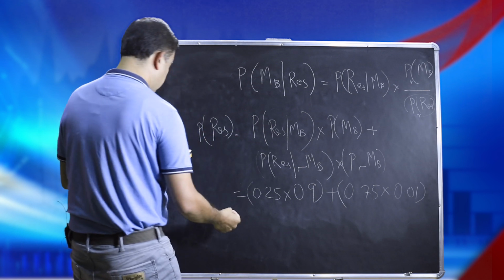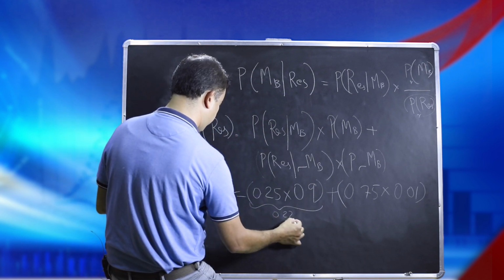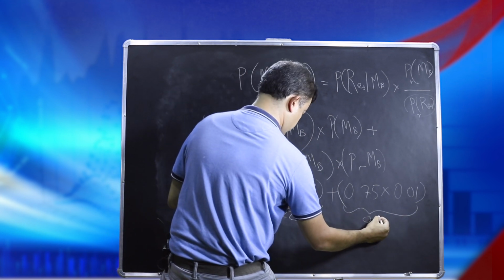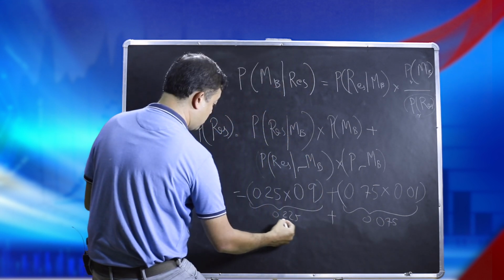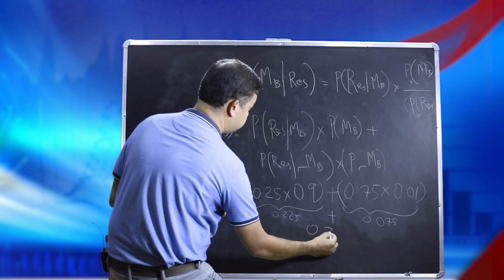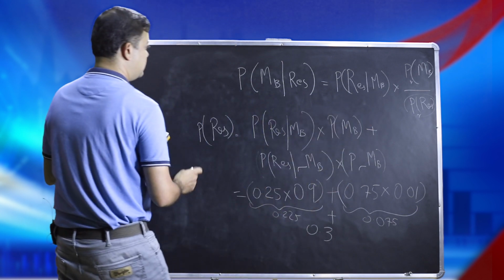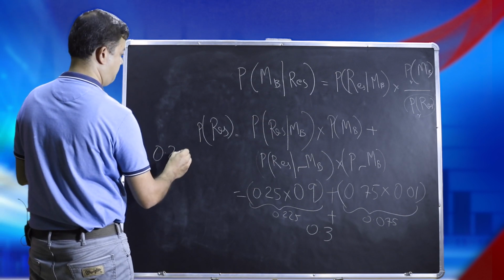If you solve it, this value is 0.225, and this value is 0.075. If you add these two values, you are going to get 0.3. So 0.3 is this value. Let me write here. This value is basically 0.25.